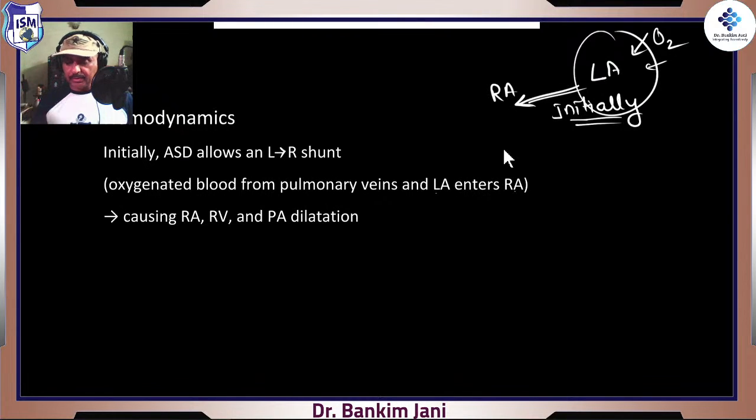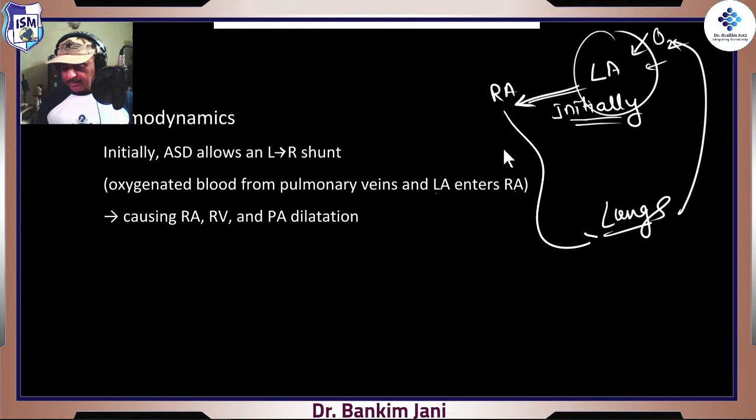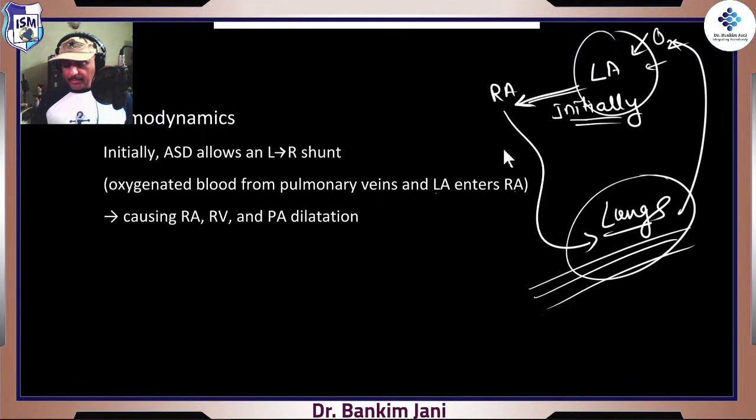Once again, it is going into the lungs. So already from the lungs the blood has come, and from the left atrium, once again, it is rerouted and once again coming to the lungs. So the entire load is now on the lungs. That's where the congestion would occur, and because it is in the lungs, it is pulmonary congestion.